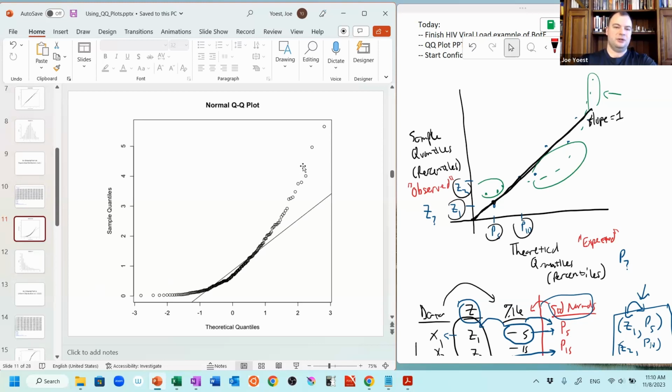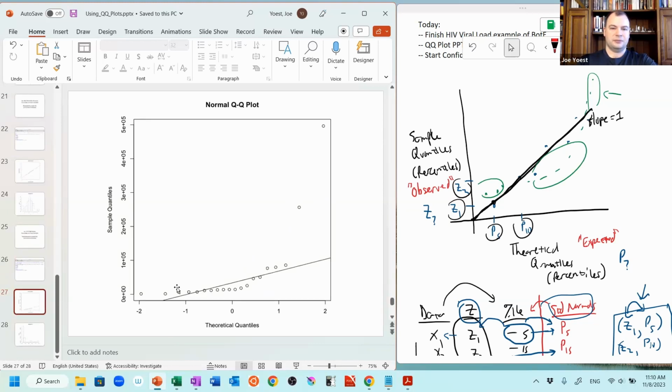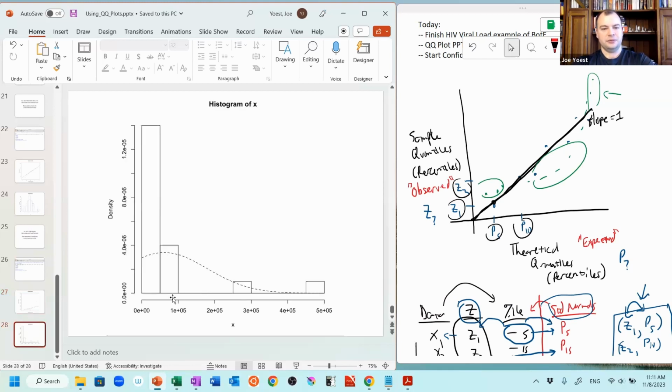In fact, looking at the QQ plot for an exponential distribution against the normal and for the HIV viral load against the normal, I might even think to myself, maybe I ought to model this as an exponential distribution. This looks like the kind of QQ plot that I would get for an exponential distribution, comparing it to normal theoretical quantiles. And then, of course, if I overlay a normal curve with the same mean and standard deviation, it really doesn't look anything like the histogram of the data.